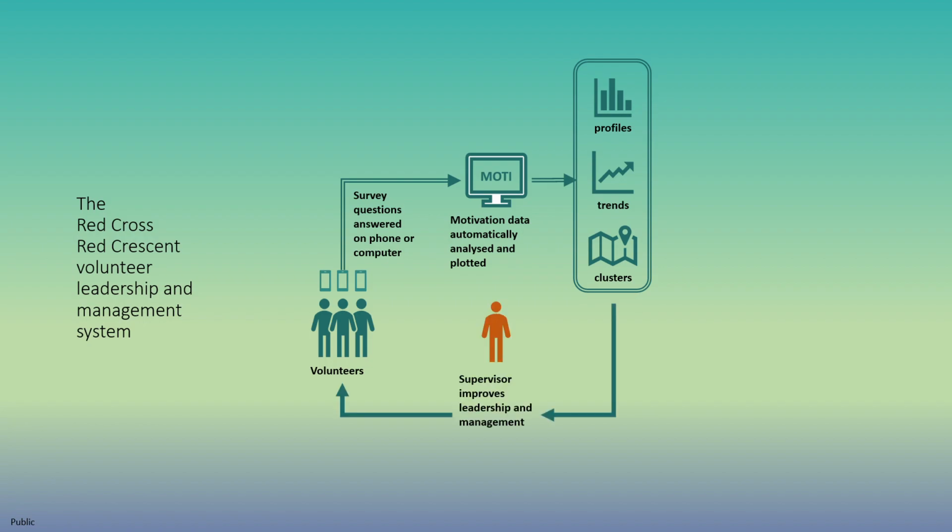And so you get your feedback on how your volunteers feel, but more importantly on your own leadership skills. How well they feel that you listen to them, how well they feel that you understand them, how much they feel that you are providing the right sort of encouragement to keep them motivated.